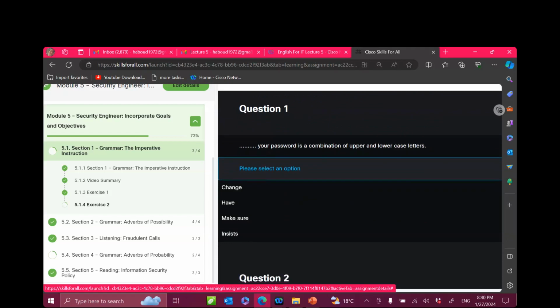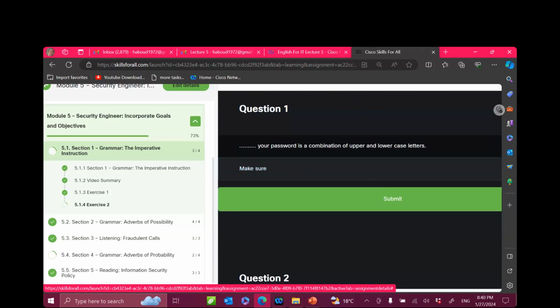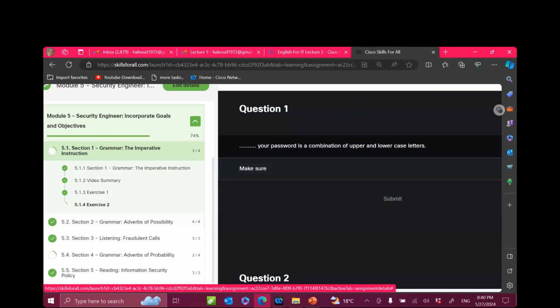Okay. طيب insists دي طبعا مستبعدة جدا لأن أنا قلت إن احنا بنبدأ بالinfinitive form يعني ما يبقاش فيه اس وما يبقاش في الباست وما يبقاش فيه ing وما يبقاش فيه أي حاجة infinitive just. اوكي ايه المعنى اللي يمشي معايا هنا change ولا have ولا make sure؟ ده مع إجابة الصحيحة. ها برافو عليكم. You make sure your password is a combination of upper and lower case letters.